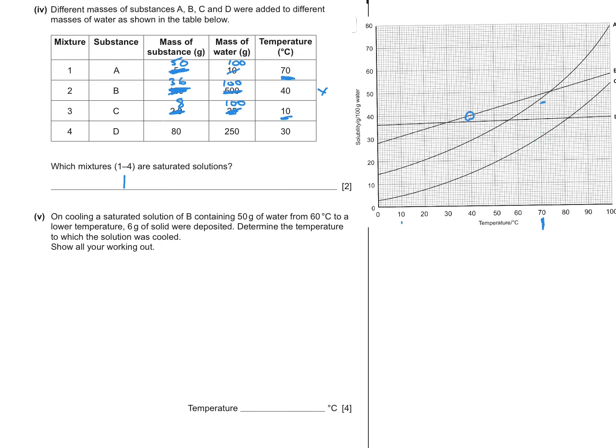So I go up, this is it, and I can see that 5 grams of solid will dissolve. That's the maximum that can dissolve. And go back to the question. Well, if I have 8 grams, that's more. Therefore, mixture 3 is also saturated.